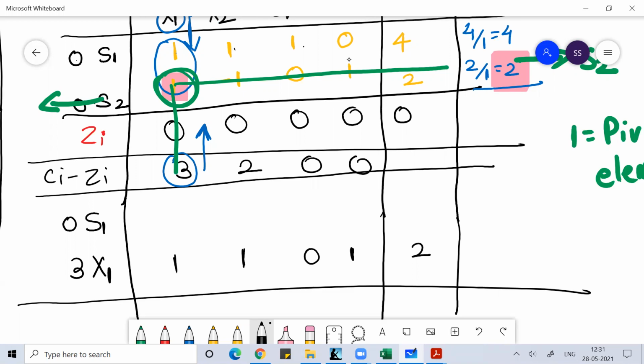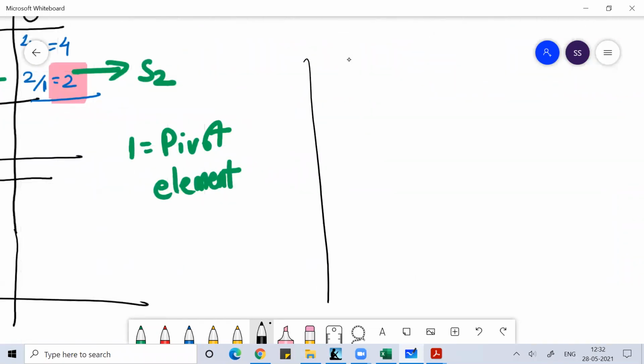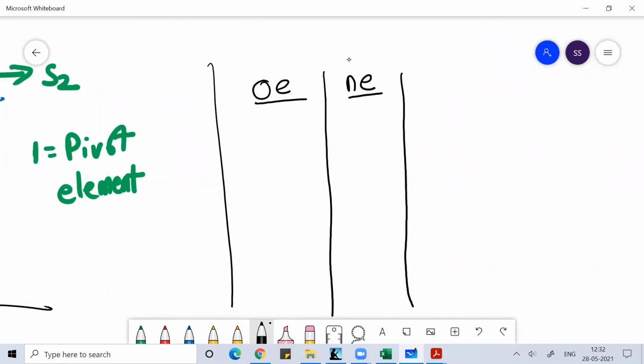To find the new values of s1, we follow a formula: old element minus k into new element.